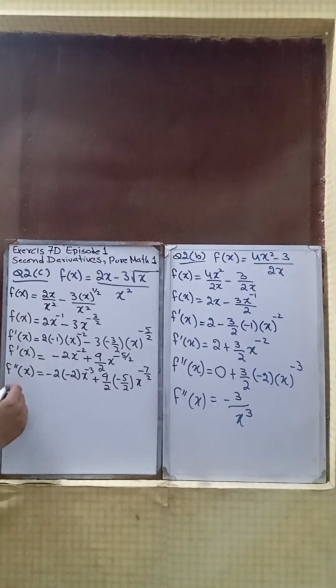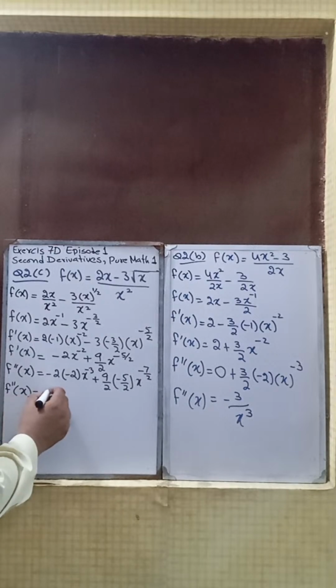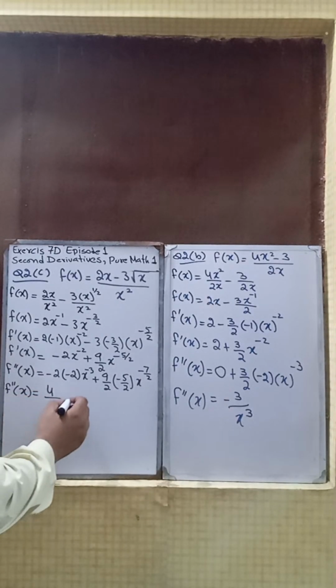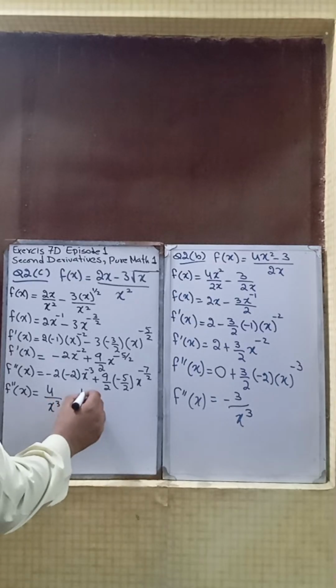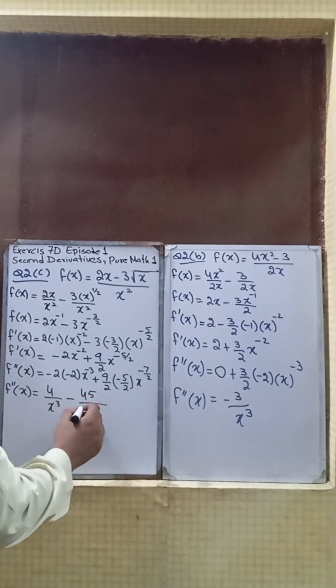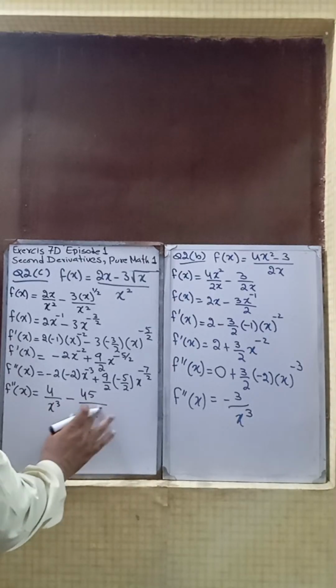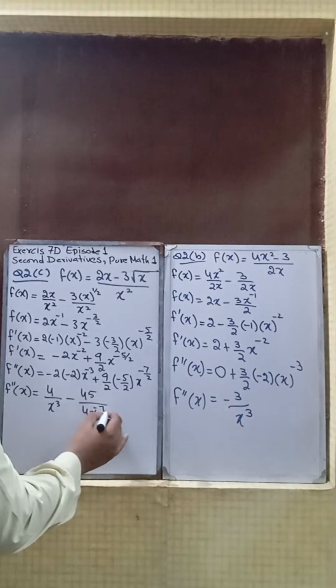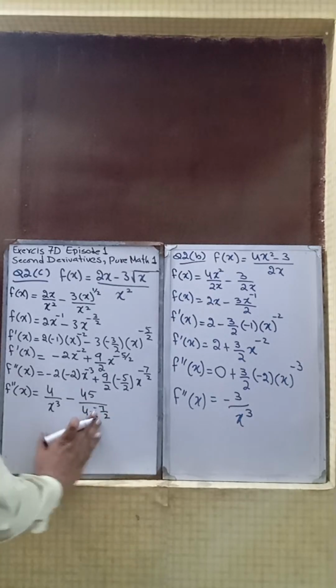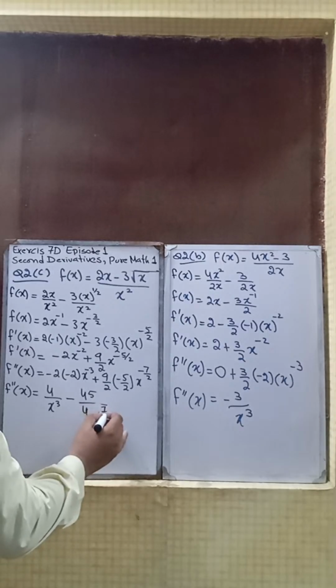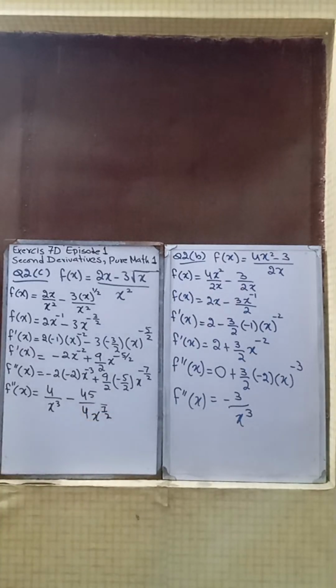So the second derivative is, this becomes 4 divided by x cube, and this becomes minus 45 divided by 4 x raised to power 7 by 2. This power, let me write it more clearly, 7 by 2 power.